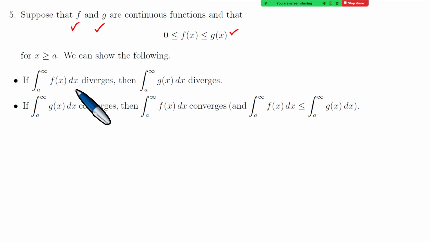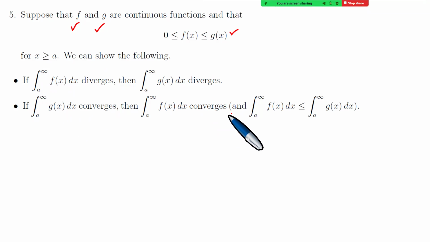If this integral from a to infinity of f of x diverges, then the integral of g of x also diverges from a to infinity. If this integral here converges, then this integral here converges.